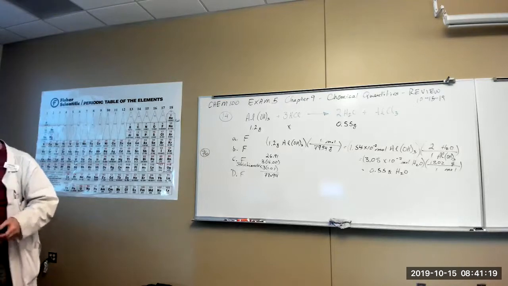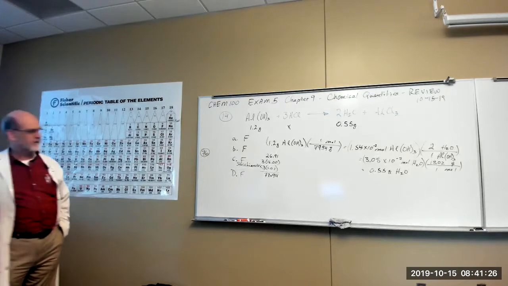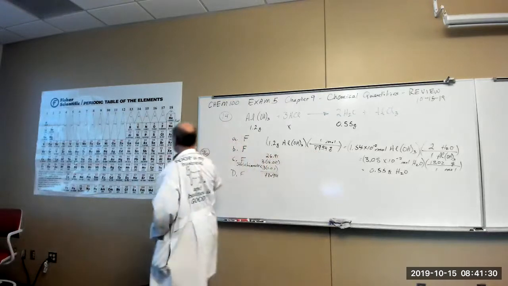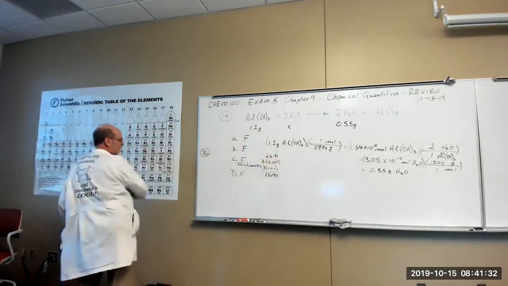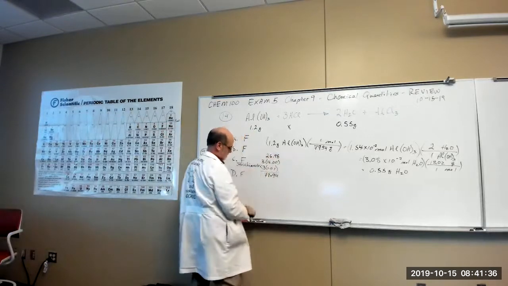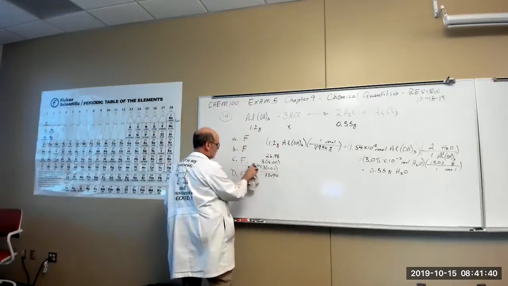Did I make a conversion error? I did. Let's look at this again. This one right here, aluminum is 26.98. That's why C is not stoichiometric.